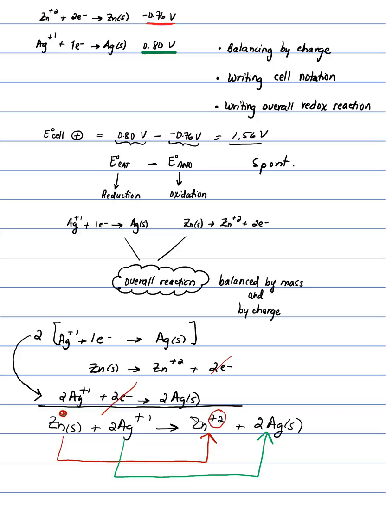Oxidation number is increasing, so that one is being oxidized. For silver, the ion of silver with a charge of plus 1 gains electrons to give you the element silver as a solid with an oxidation number equal to 0. Oxidation number is being reduced, so that's the reduction right there.